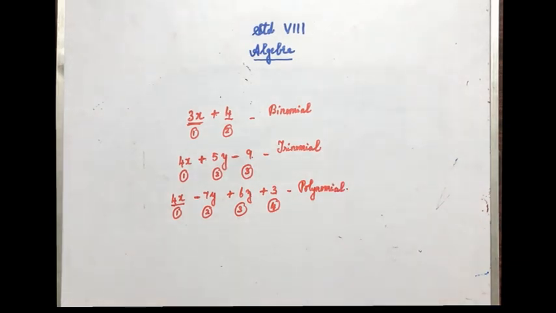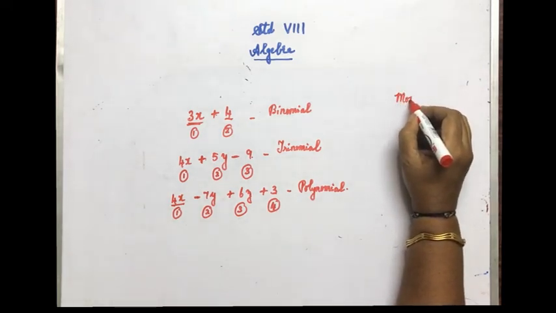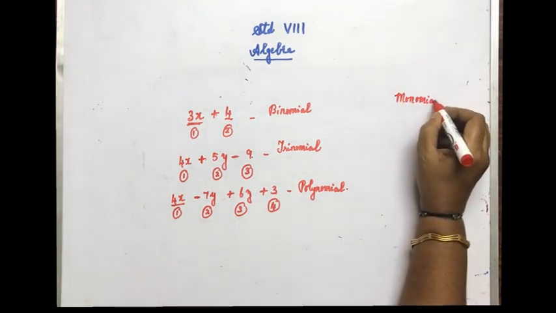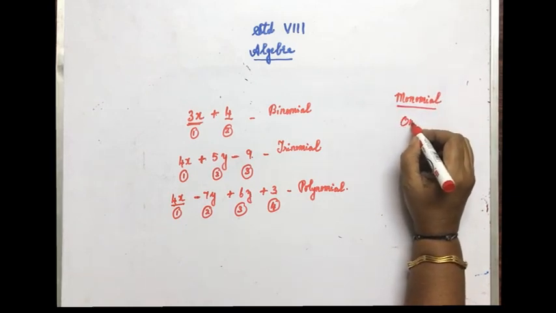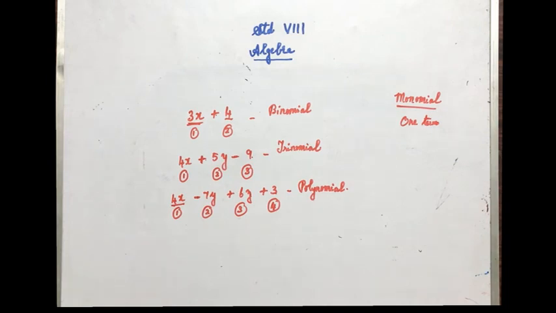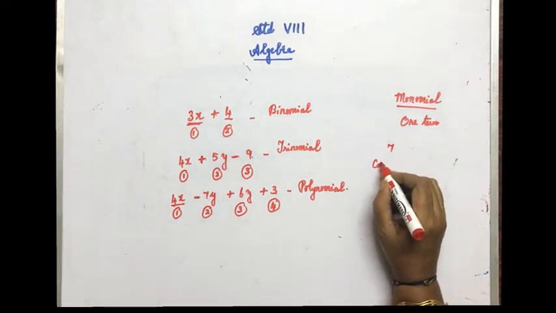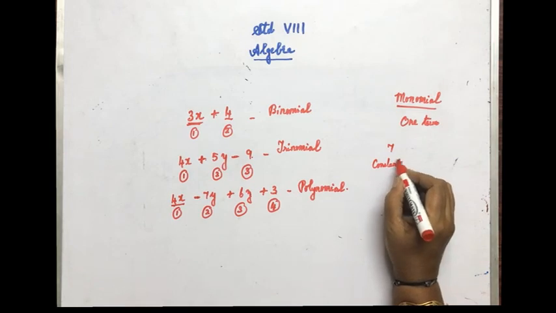And monomial means there should be only one term. It can be a constant, it can be a variable, or a product of constant and variable, or a quotient of constant and variable. So here 7 is a constant, but it is one term.